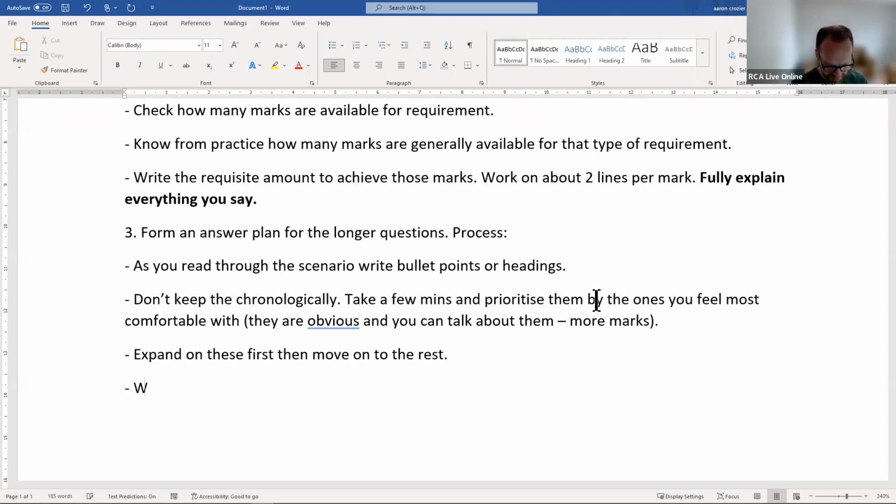And obviously, when the time is up, move on. So you get the obvious ones out there first. You talk about them. You're then left with other ones. Talk about those. And then when your time is up, you move on and you just leave it and forget about it and just go on to the next question.